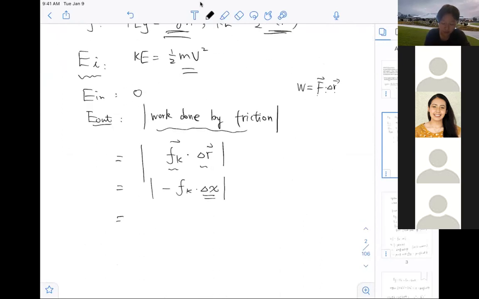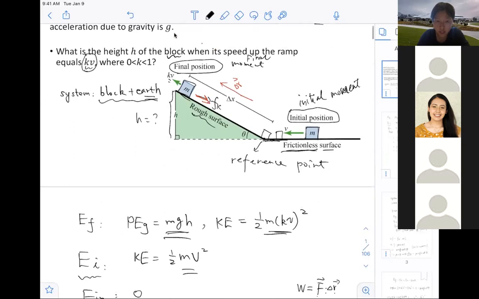All right, and what is my friction? Friction is the kinetic friction coefficient times the normal force. Do you still remember that? It's mu times n times delta x. And again, what is my mu? What is my n? My n is the normal force of an object on the ramp. I expect at this point you can say what the normal force is right away. What is the normal force?